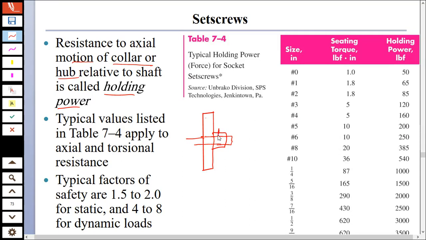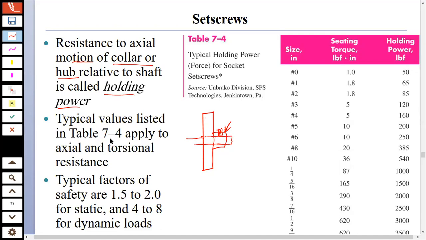And what you do is you put a set screw over here. So the resistance to axial motion of the collar or hub is known as the holding power.